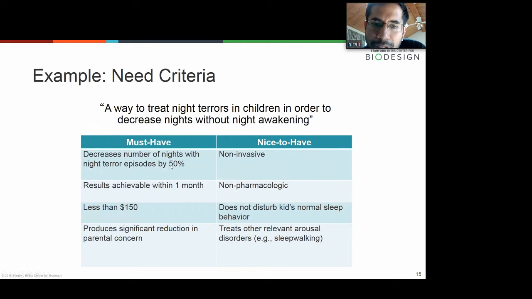Why would they pick 50% here? Any thoughts? Or how would you come up with a number there? Anybody?